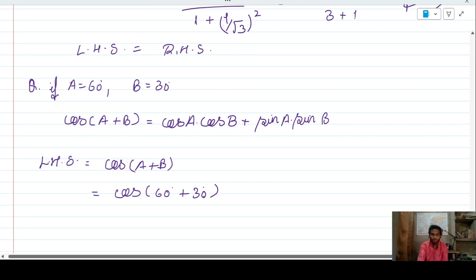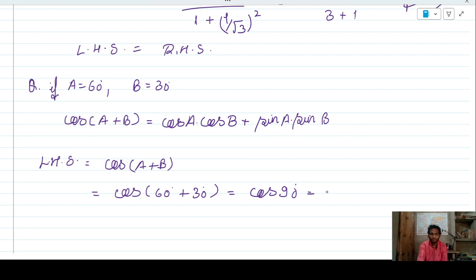This is 90, and the cos 90 value equals 0.